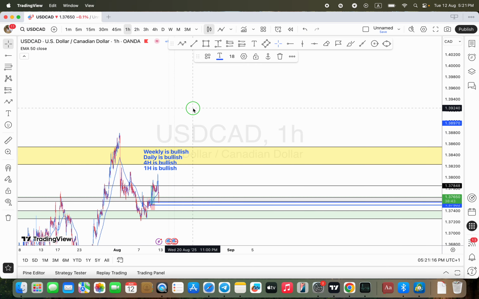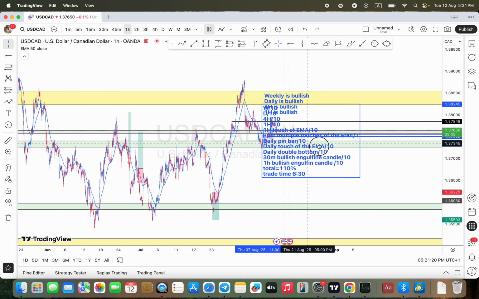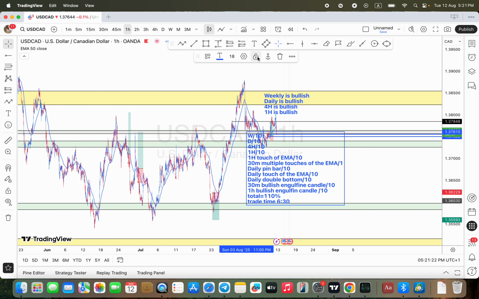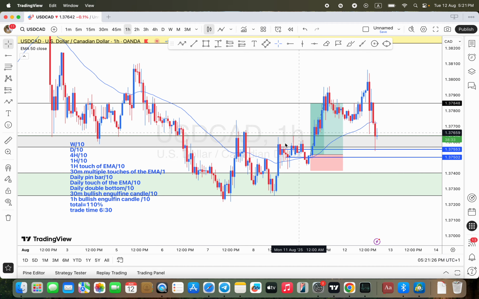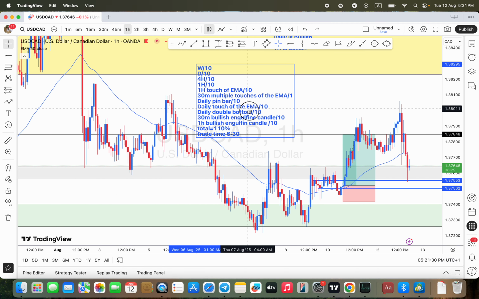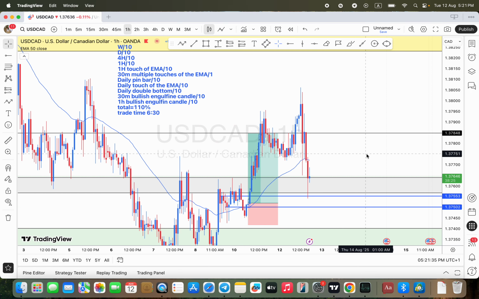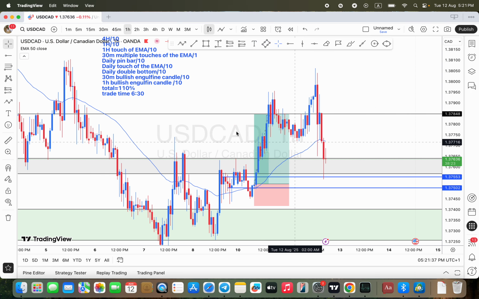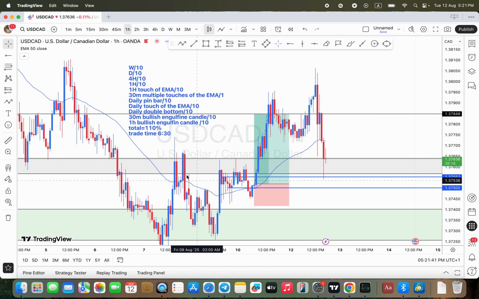Let me go to the 1 hour. These were my confluences before entering this particular trade right here. As you can see, this was my confluences.